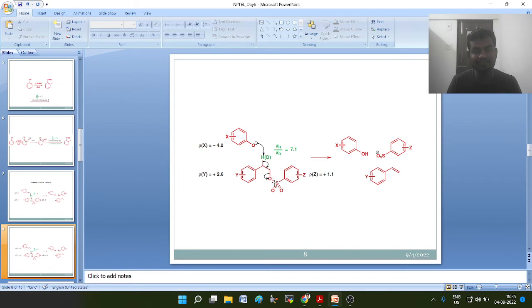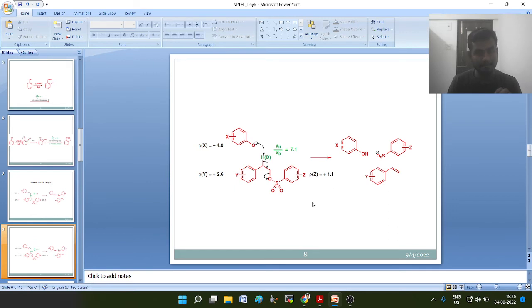So there is something called branching, I don't remember the exact term, but it shows that the O minus will be mostly covered by the SO3 minus group, not with the substituent. So the substituent effect on Z is very less. That's why the magnitude is a little low number here. Did you get it?